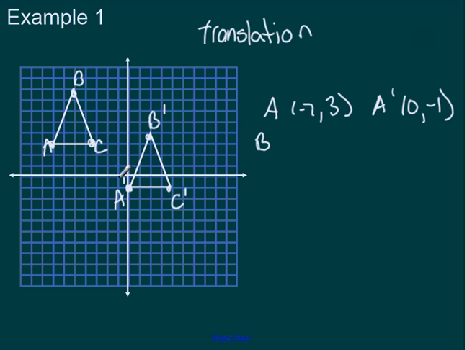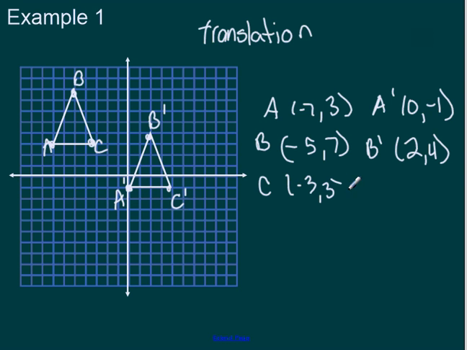B is at 1, 2, 3, 4, 5, -5, and 4, 5, 6, 7, 7. And B prime is at 2, 4. And lastly, we have C, which is at -3, 3. And it goes to 1, 2, 3, 4, -1.